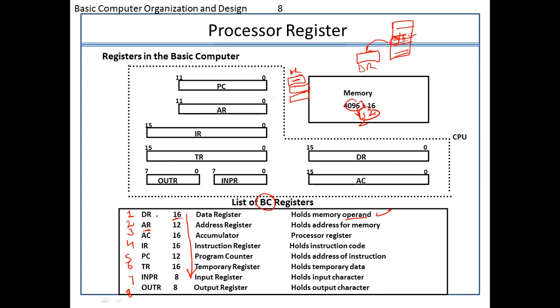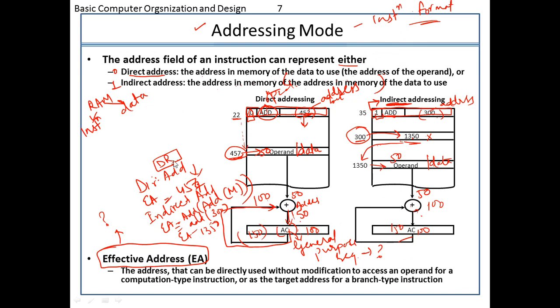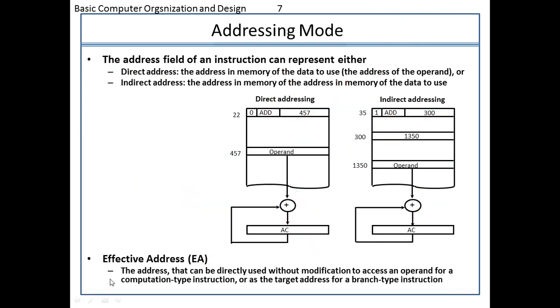Then is the accumulator. We used the accumulator previously also. It is called the processor register or general purpose register. When we talk about a general purpose register, it has the two capabilities to load and to store the data in one go. Remember this when I was explaining the concept of direct and indirect addressing, some data was coming out from the accumulator.